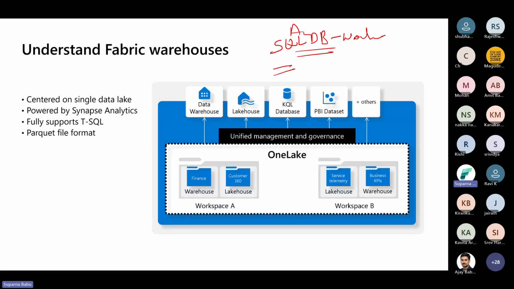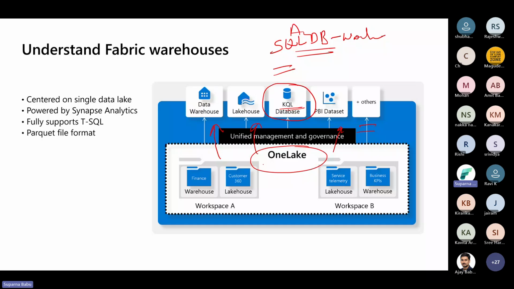Here the storage engine is OneLake, where you can store all the data in one lake. From OneLake you can bring the data to the warehouse and lakehouse, and there is one more thing, which is Real-Time Intelligence for KQL database, and you can also use it for Power BI datasets, and there are so many others. So it's basically a single centralized data lake.